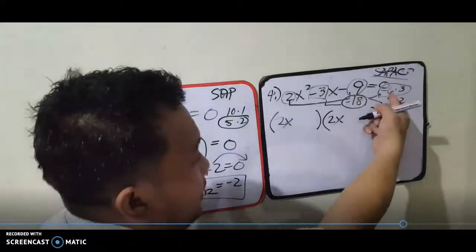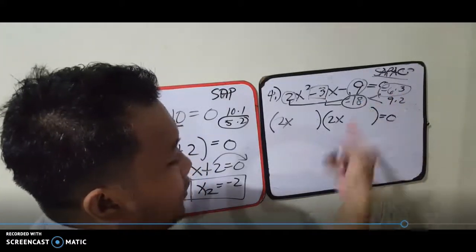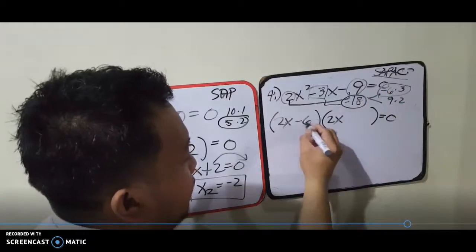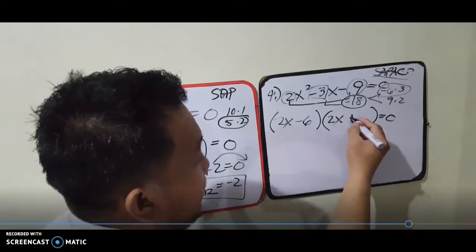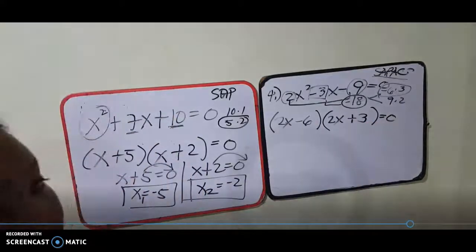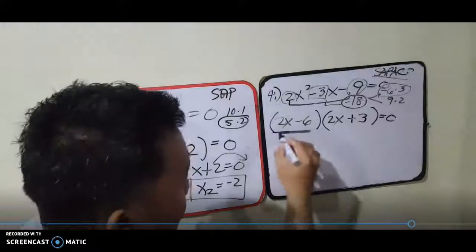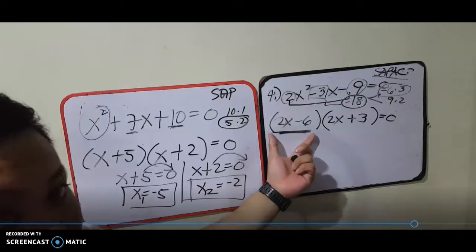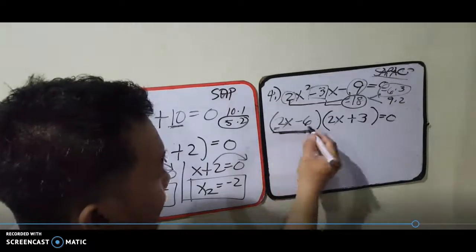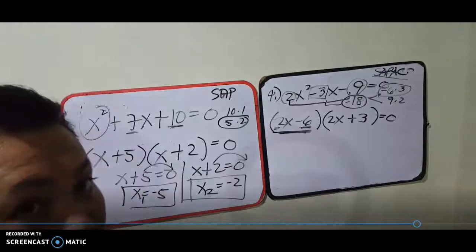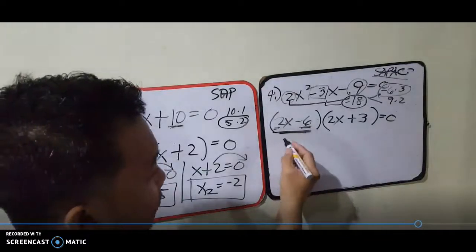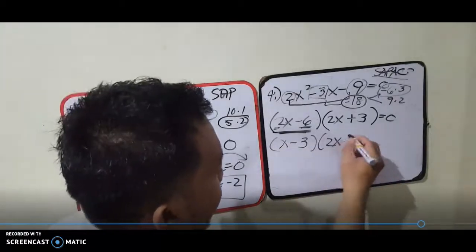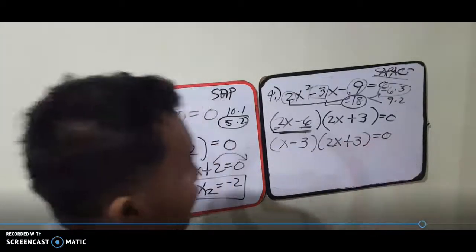Then negative 6 and 3, the right factors for negative 18, together with their sign: negative 6, minus 6, and positive 3, plus 3. But this binomial factor can still be simplified because both 2x and 6 are divisible by 2. So we can simplify it by dividing by 2, and we'll come up with x minus 3 times the quantity 2x plus 3 is equal to 0.